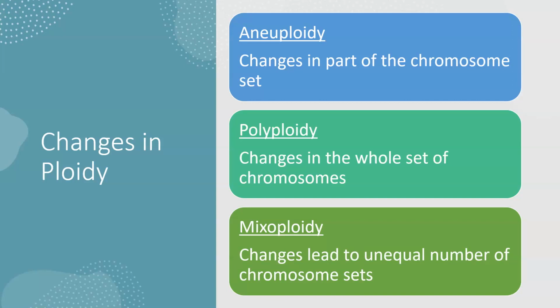Mixoploidy, on the other hand, is an organism having an unequal number of chromosome sets in adjacent cells or tissues. For example, 2 cell lines, one diploid and one polyploid, coexist within the same organism.